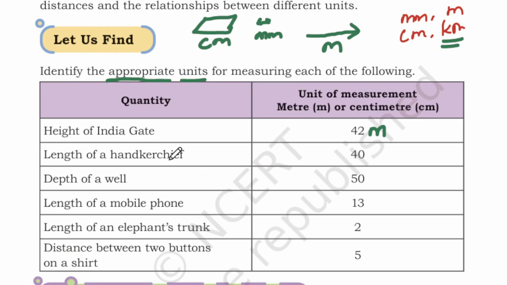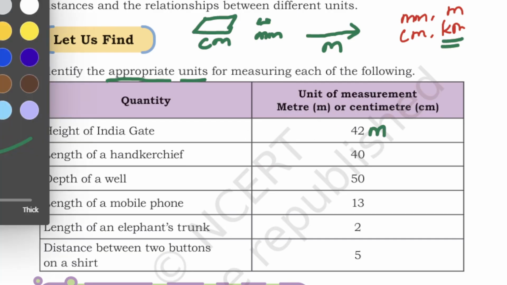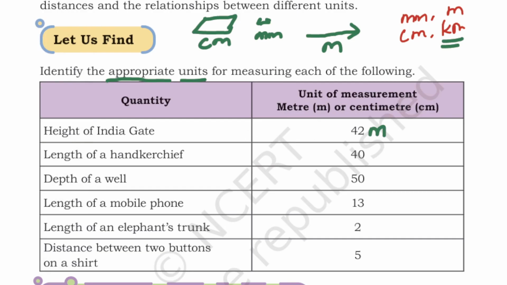Length of a handkerchief: is it centimeter? If they ask length of a cloth, then it can be meter or centimeter. Only if we measure can we identify. But a handkerchief is small, we can hold it in our hand.